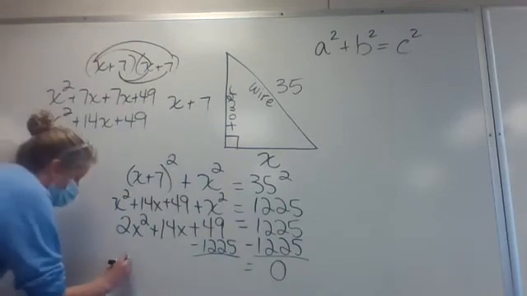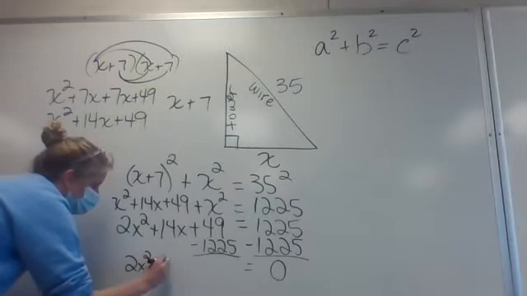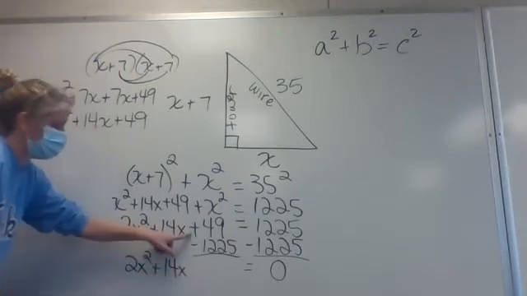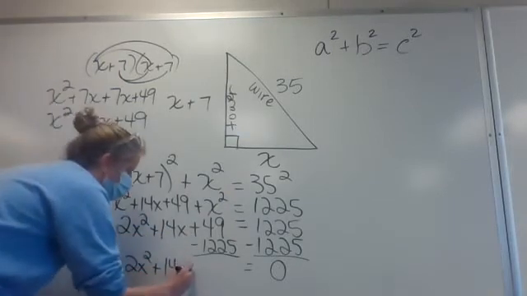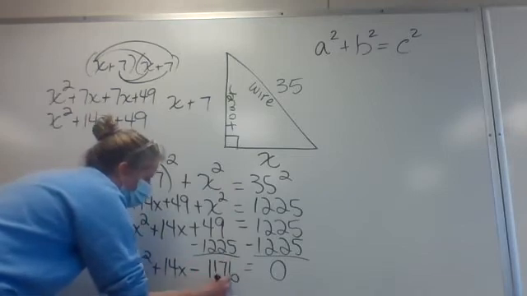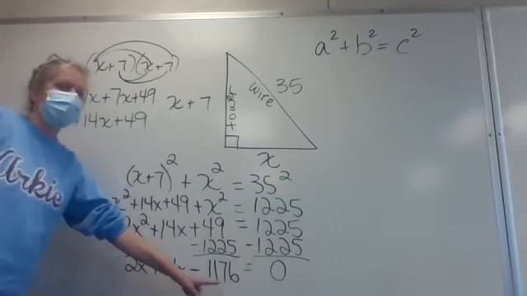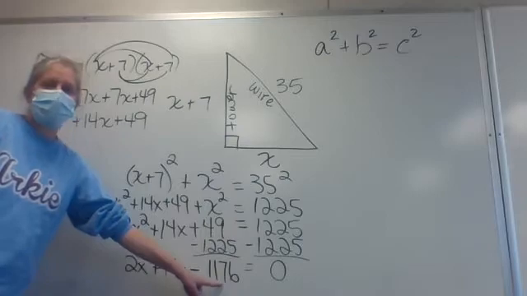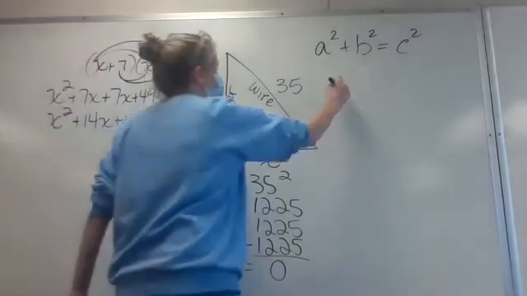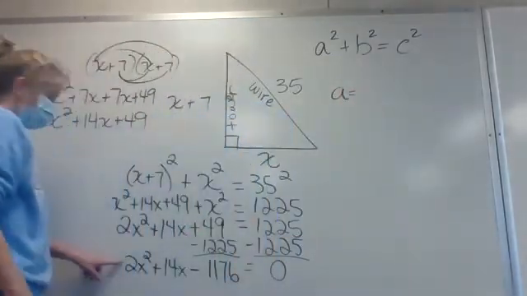Over here, I've got 2x squared plus 14x. When I do 49 minus 1225, I get negative 1176. So there's my A, B, and C for the quad. A is 2.